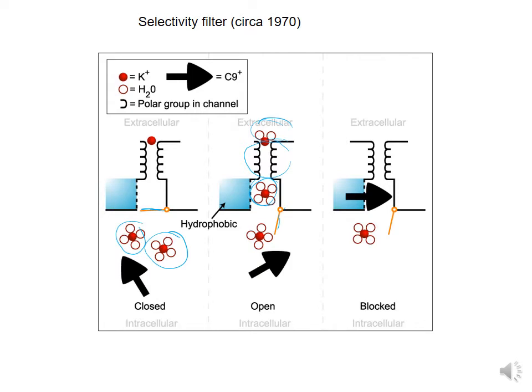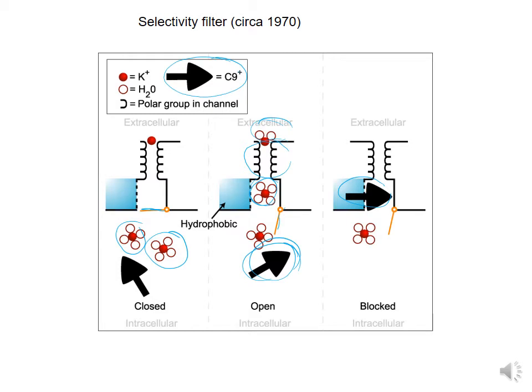Also shown in this figure is this strange molecule called C9+, which is actually a derivative of a triethyl ammonium ion. It's a relatively large ion that's also relatively hydrophobic, and what's shown is that these very large, relatively hydrophobic ions can go inside of these channels and get trapped inside of these channels.